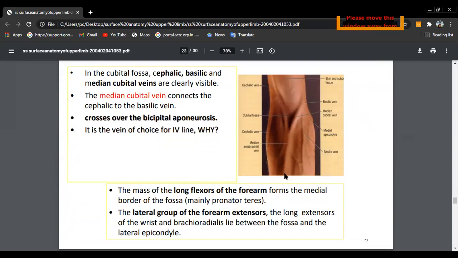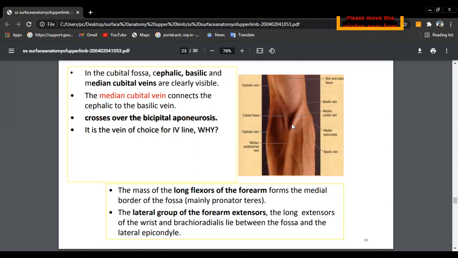If you remember, into the median cubital vein, there is one vein which is opening here, which is called medial vein of forearm, also called median antebrachial vein. Okay, this is a very easily accessible vein which you can see in your own cubital fossa, bluish, easily visible, so that it can be easily traced, and we can collect intravenous blood.